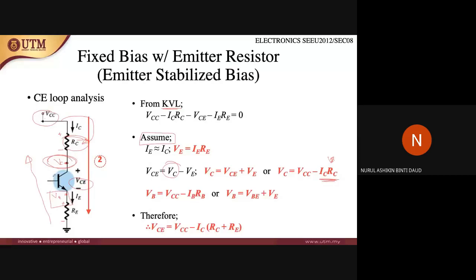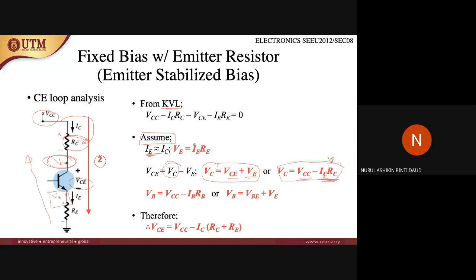Let's say you have the values of VE and VCE, then you can use this equation to find VC. But if you don't have these values, but you have the VCC value, which is usually given, and we know IC is approximately equal to IE, and you know IE, you can use this equation.